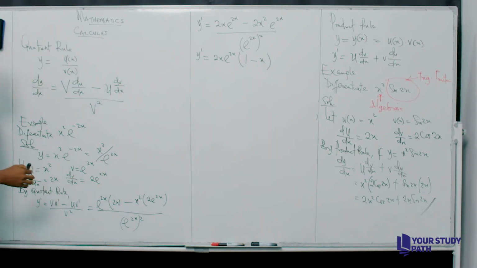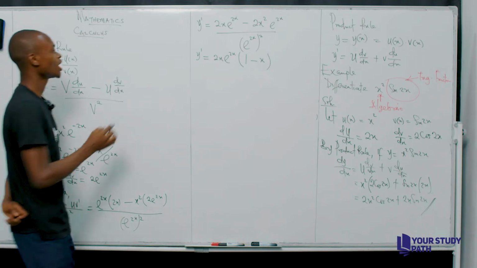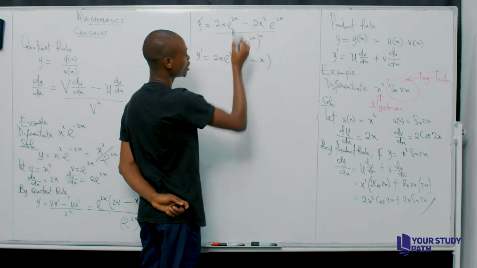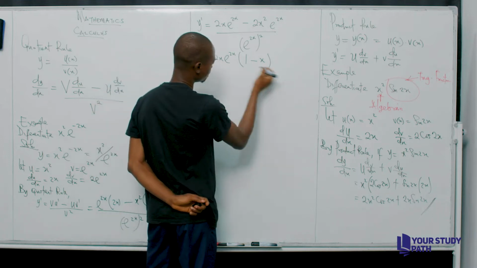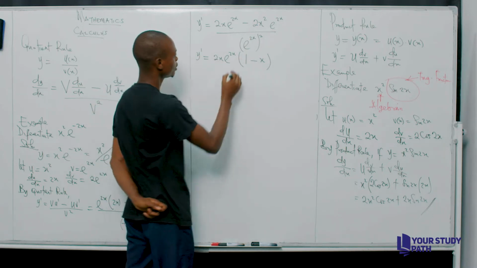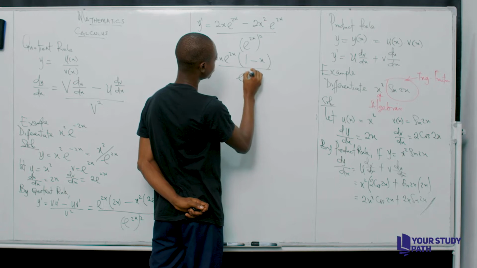Beautiful. So if you factorize, this is what you are going to have left in the numerator. Take a moment to sink in that factorization we have just done. 2x e raised to power 2x is common to both terms. And if you expand, of course, you will get that back. And then you divide all this by e raised to power 2x all squared.